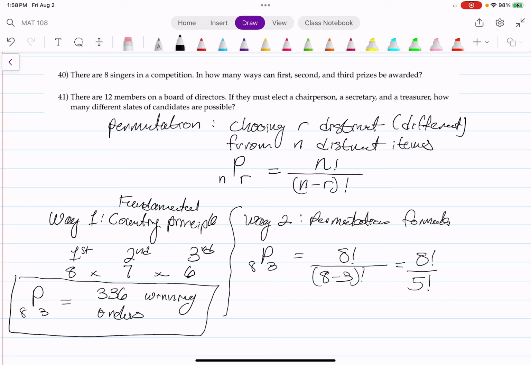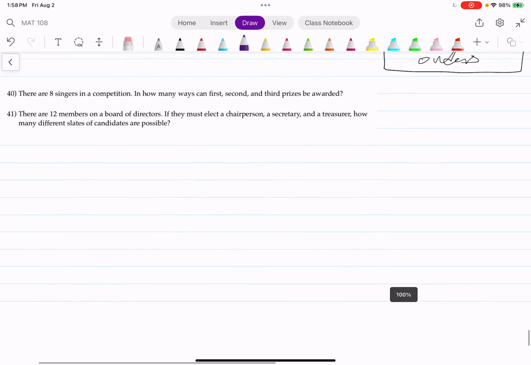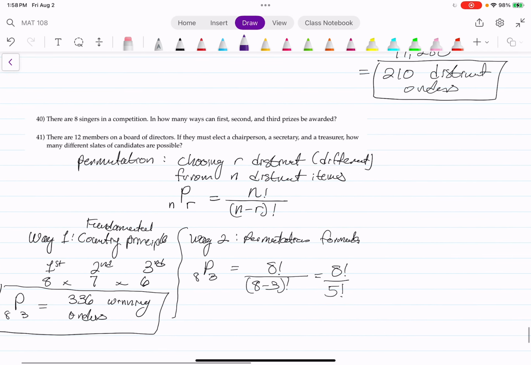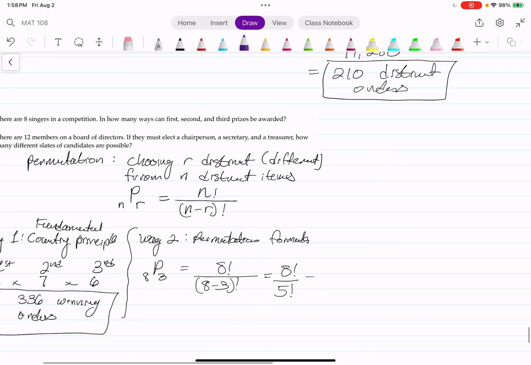I'm going to expand 8 factorial until I can simplify. 8 factorial is going to equal 8 times 7 times 6 times 5.